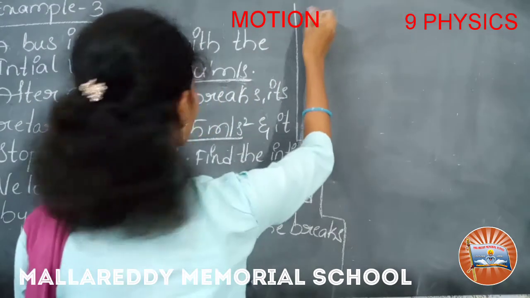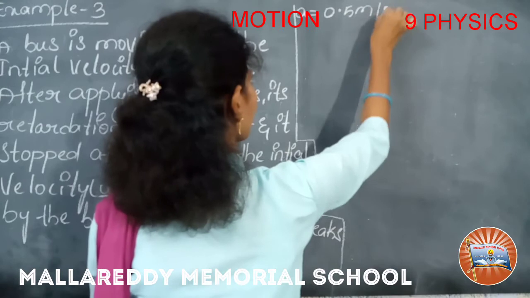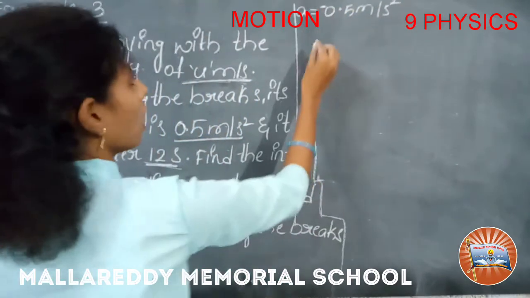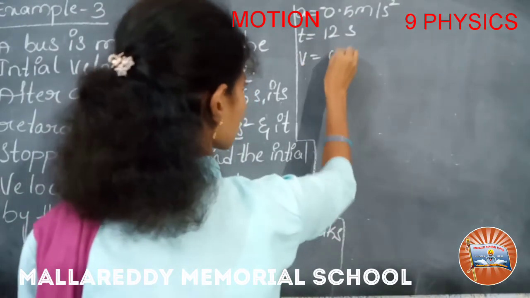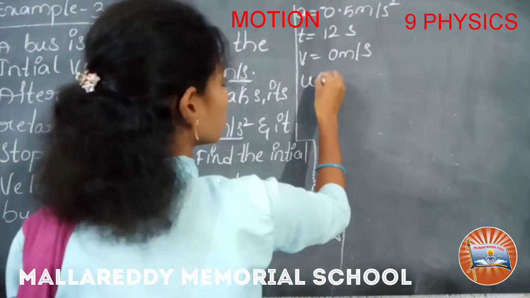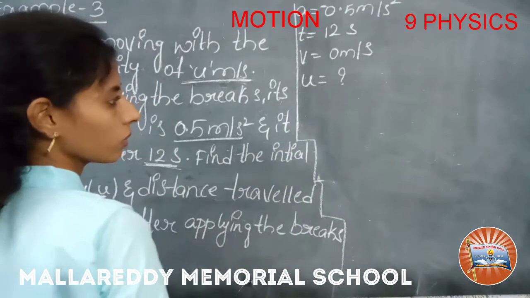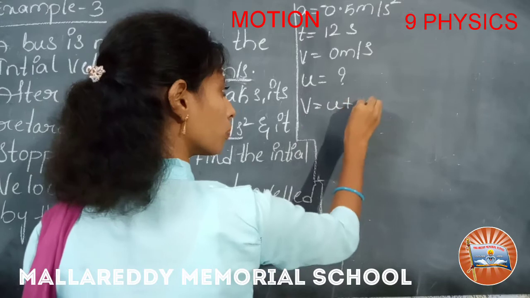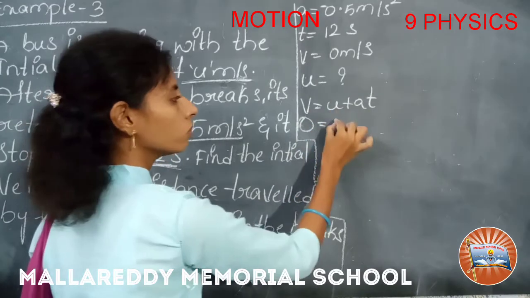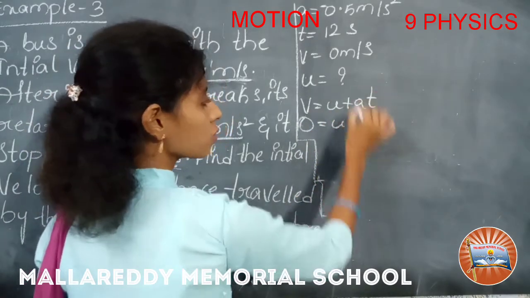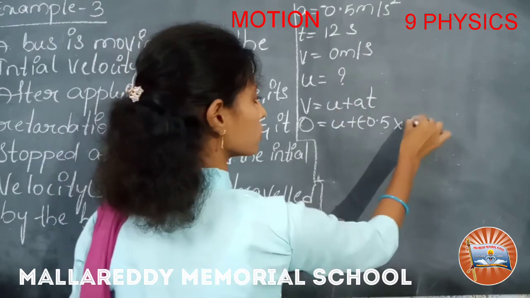So here I want to write, a is equals to 0.5 meter per second square, time t is equals to 12 seconds, v is equals to 0 meter per second and u we have to find out. So here we take the equation v is equals to u plus at. We know the value of v is 0 and u we don't know, so a is minus 0.5 into t is 12.